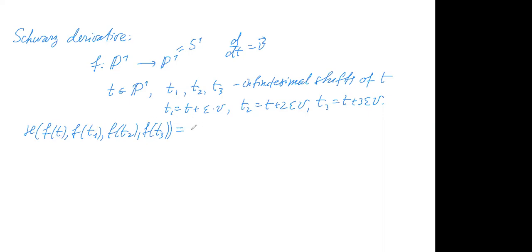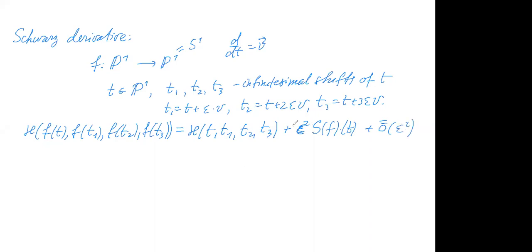It turns out that first you will obtain just the cross ratio of t, t1, t2, and t3, but then the first degree of epsilon will vanish, and there will be epsilon squared times a certain expression depending on f at point t, plus something of higher degree in epsilon.